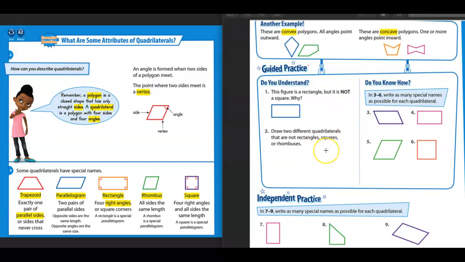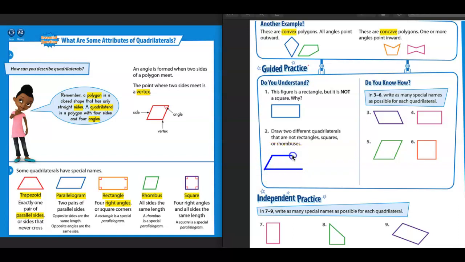So over here it says draw two different quadrilaterals that are not rectangles, squares, or rhombuses. So I could draw a trapezoid, right? And I'm once again my imperfect self, but I'm going to try and make these lines parallel. And then I'm going to connect these two.